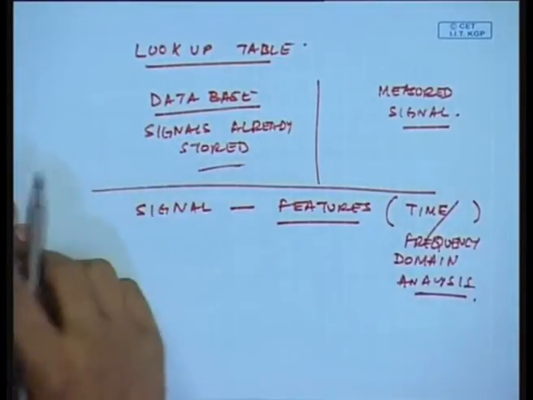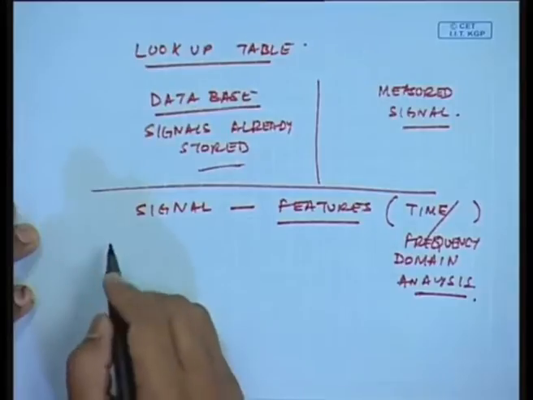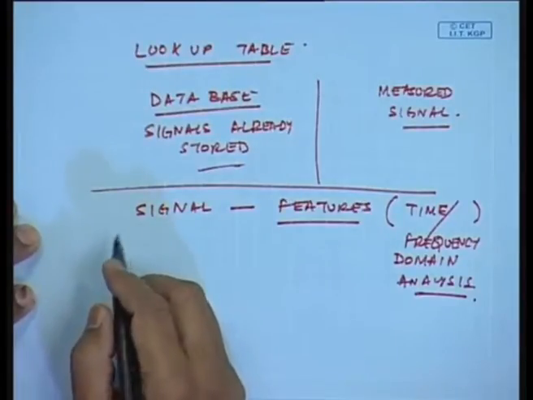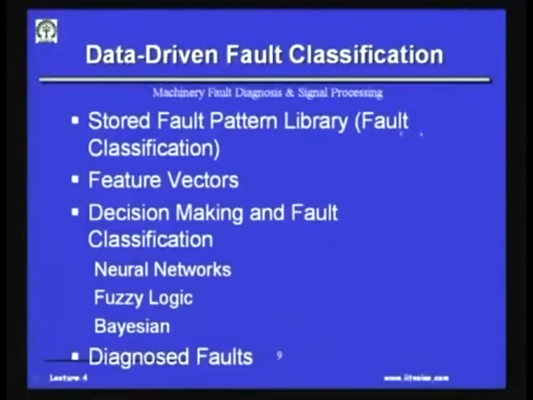But to do a fault classification, there are nowadays many techniques. One is the neural network based methods, which are very widely used in the industry, then fuzzy logic and the Bayesian system. These are mostly reliability and probability based models, and then the faults can be diagnosed.